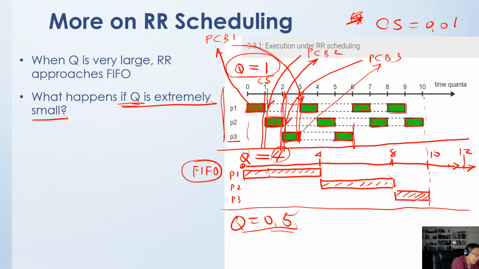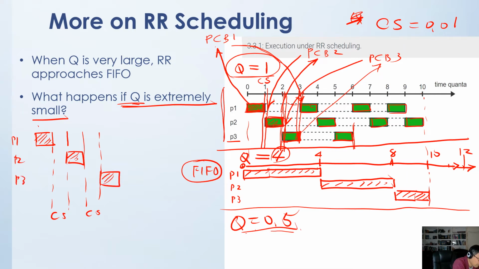Let's say I make Q small enough so that Q takes the same amount of time as a context switching. So let's say I run P1 for 1 time quantum, but I take the same amount of time for the context switching, and then run the next process P2, and take the same amount of time for the context switching, and then switch to P3, and then take the same amount of time for the context switching. Okay, remember the context switching is the overhead.